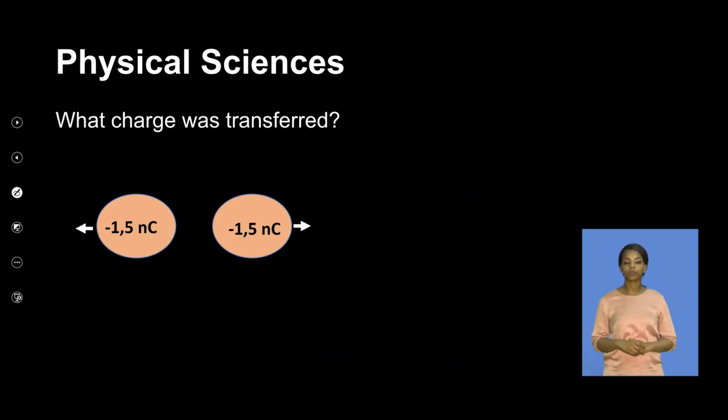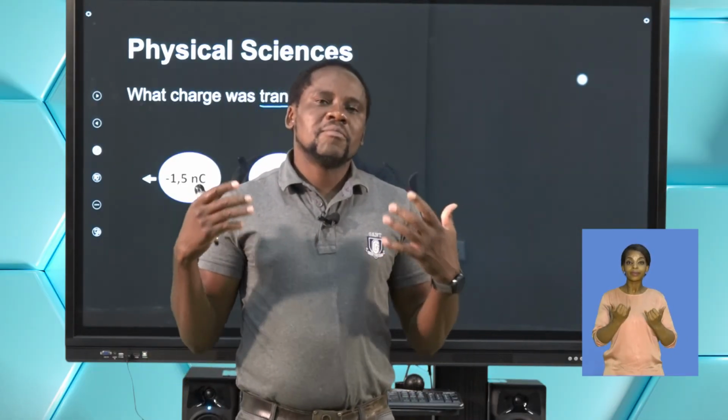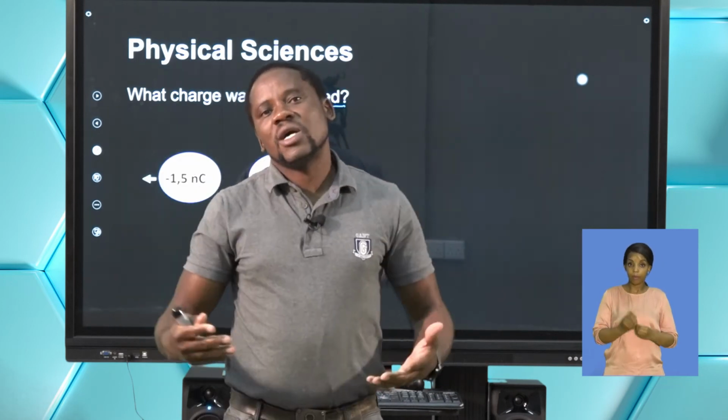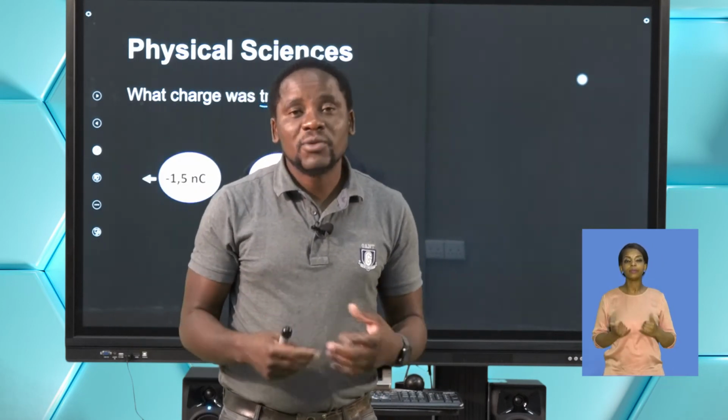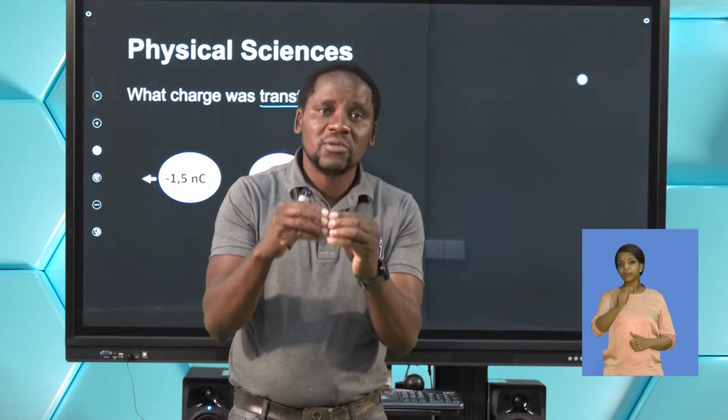Okay, so what charge was transferred? Now we're talking about the charge which was transferred. The main thing here is that we need to arrive at a point where we are able to say that, indeed, charge is quantized in terms of the electrons.